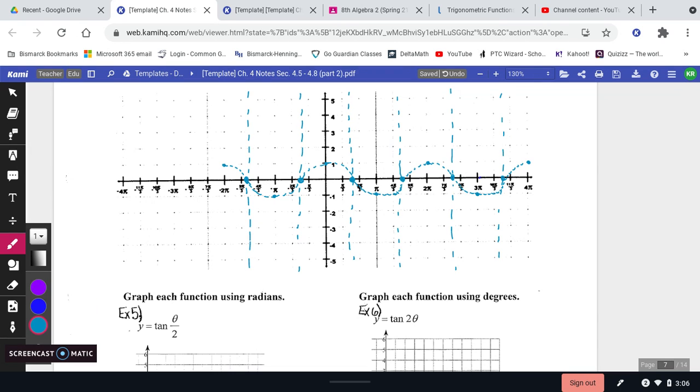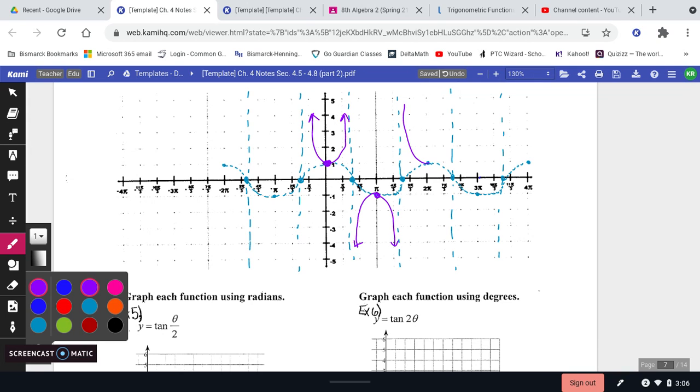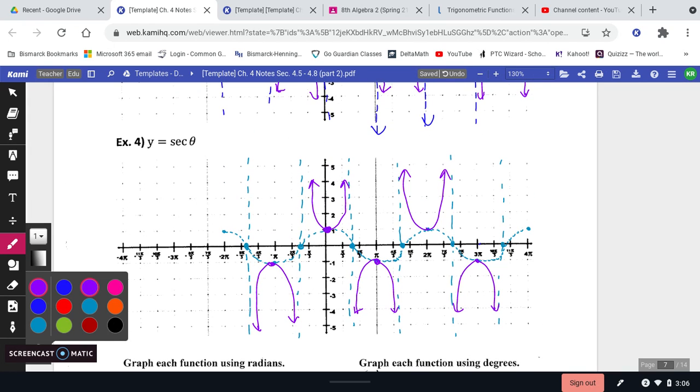So your high points and your low points for your cosine are going to give you the maximums and minimums of this secant graph. Again, it just looks like a bunch of parabolas. One parabola opening up, the next one opening down, and it just follows that pattern. And that is what a secant curve looks like.